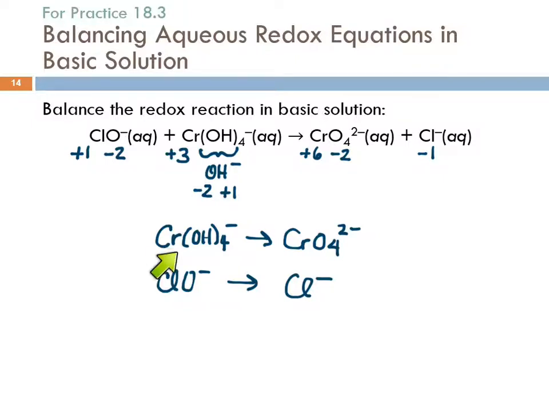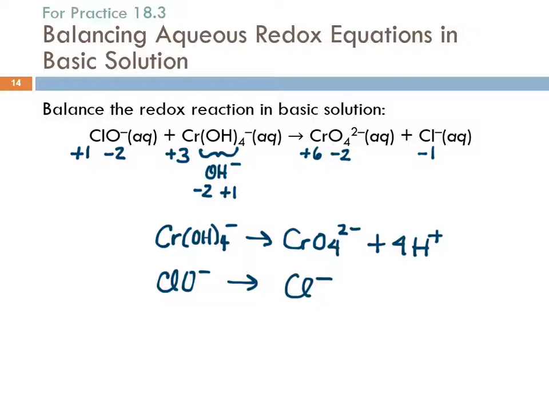So the top half reaction, the chromium is already balanced, 1 on each side, and we've got 4 oxygens on the left and 4 oxygens on the right. So the only thing that's messed up is the hydrogen. There's 4 on the left, so then we're going to put 4 hydrogen ions on the right.